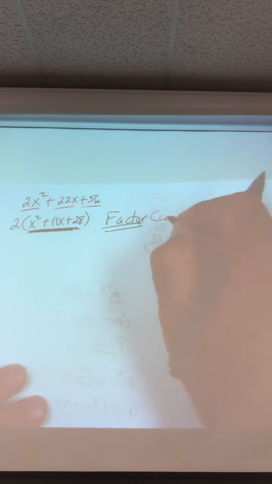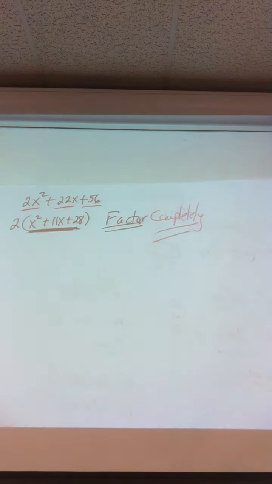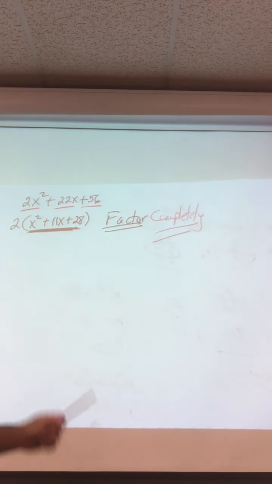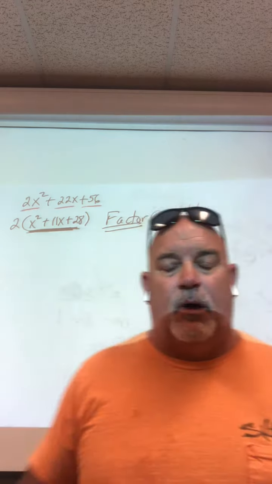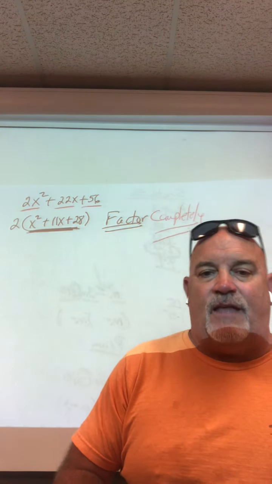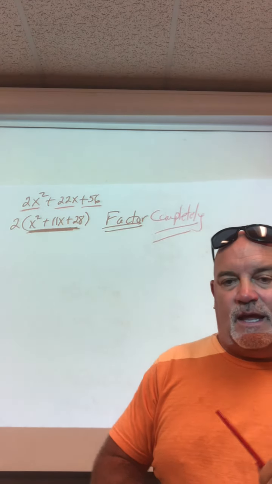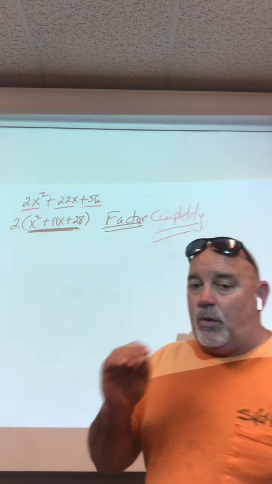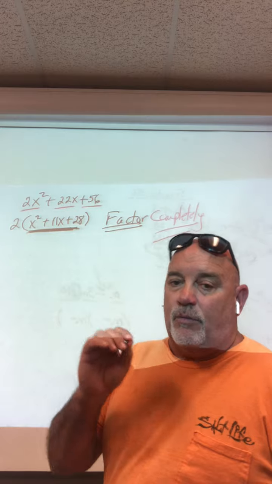It will say this. Factor completely. Because starting right now, you are going to run into multiple problems where it has a GCF and then it may go on down and factor again.